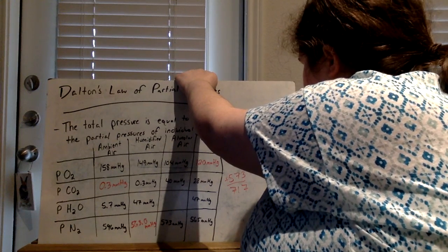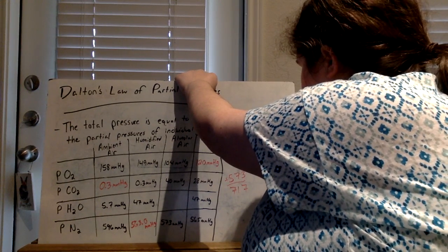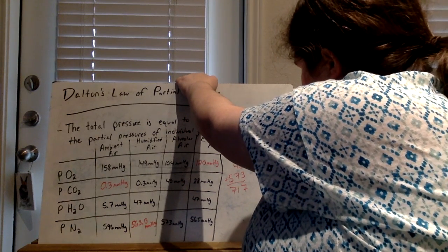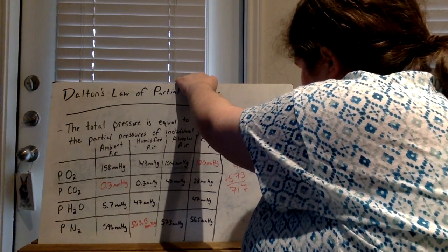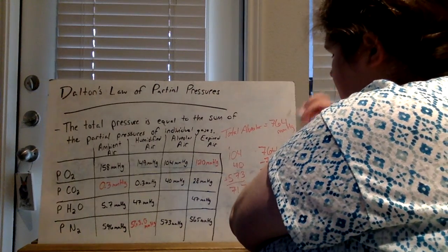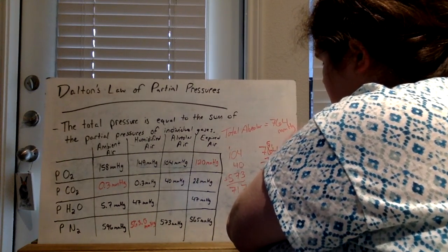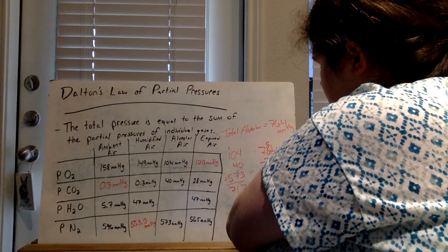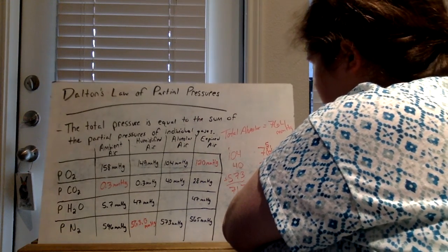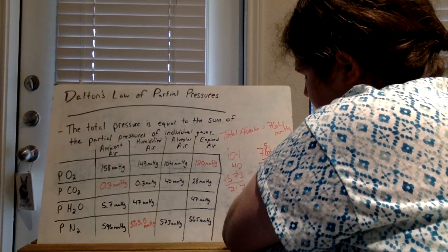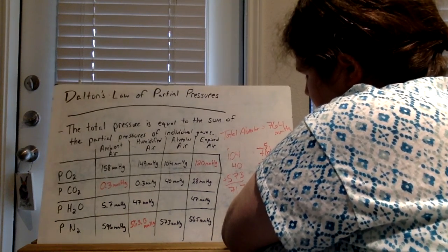To find my difference, I'm going to subtract that. Okay, so my total is 47 millimeters mercury for water.